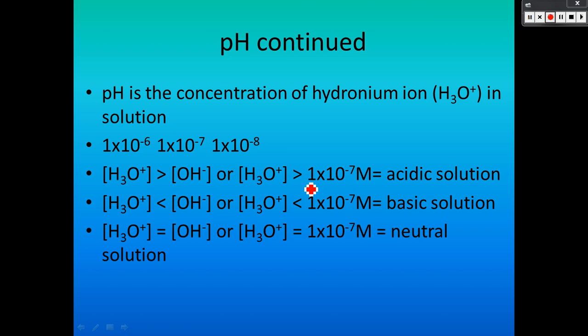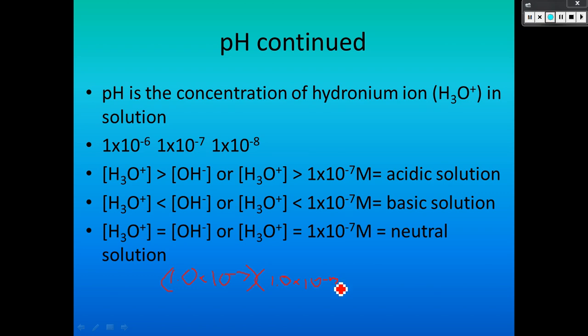And again, this is where you have to remember your exponents. Notice, like let's take this neutral solution. So it's 1.0 times 10 to the negative 7. That would be our hydronium, but we know neutral is that equals hydroxide. So that would be 1.0 times 10 to the negative 7.